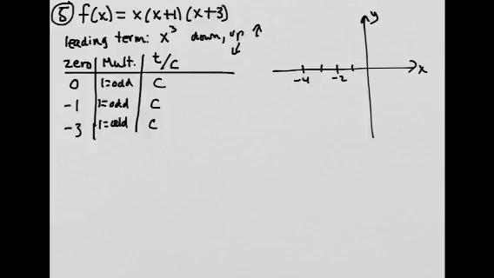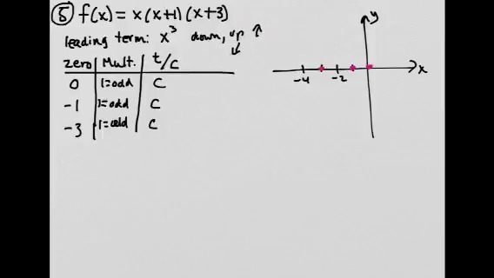So I know that the graph intersects the x-axis, or has contact with the x-axis, at (0, 0), (negative 1, 0), and (negative 3, 0). And based on my multiplicity, I know that it's going to cross through each one of those. Another thing, the end behavior, so this right here tells me what's going to happen at the left end and the right end of the function.